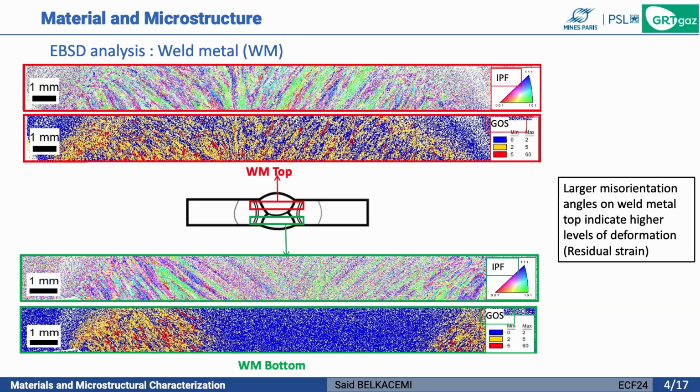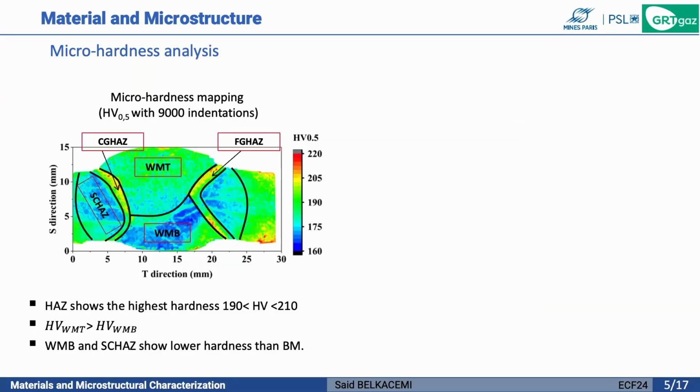And if we compare the grain orientation spread, which gives us some information about the residual strain in the material, we see that the weld metal top presents a higher misorientation angle, which means that in the weld metal top we have more residual strain than in the weld metal bottom.